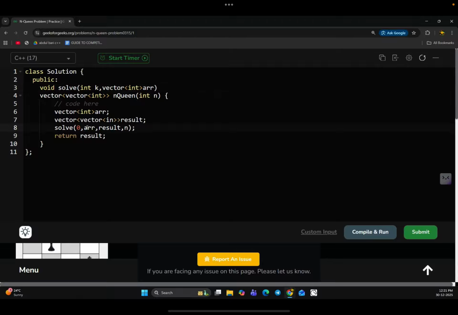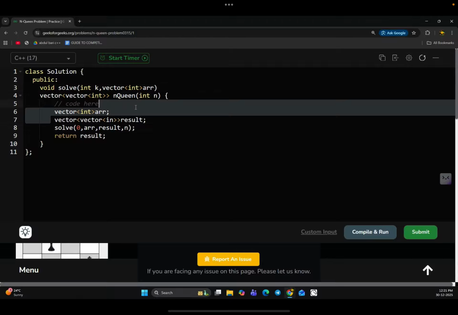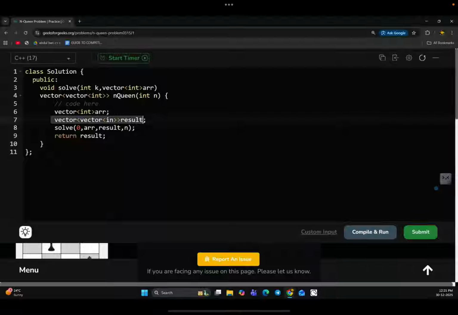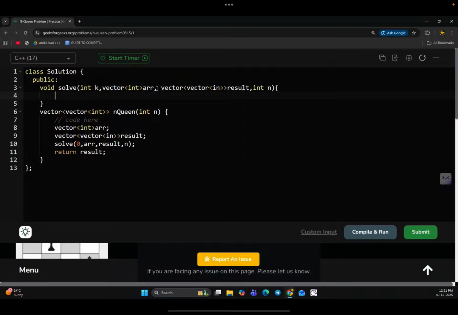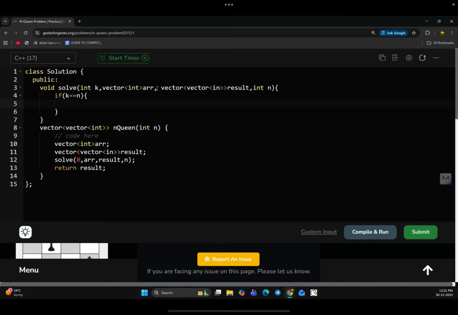Now this part I should copy, and comma int n. Now if this k reaches the end, like the last queen is placed, then just result dot push back the array and return.